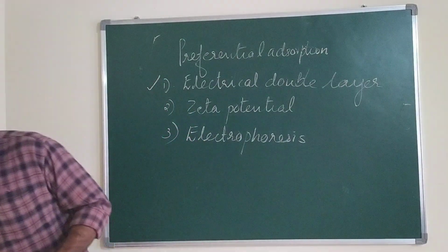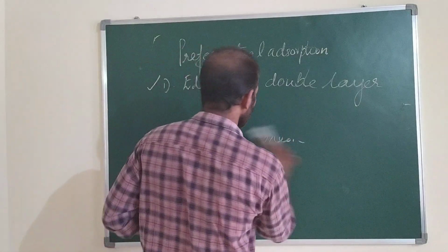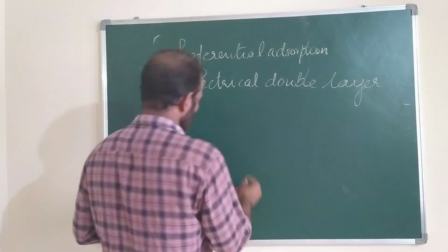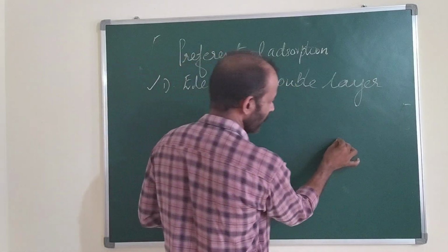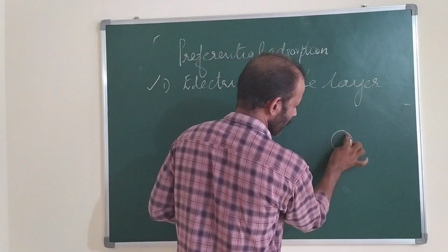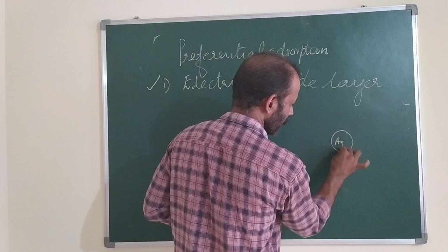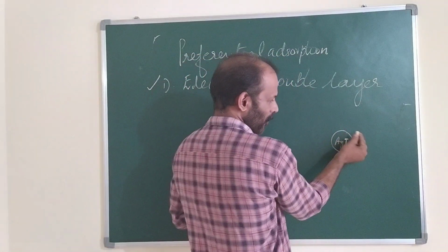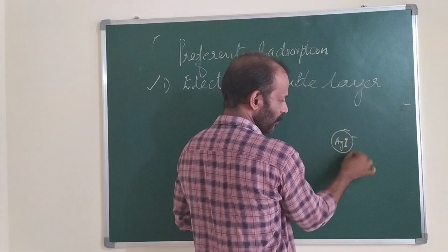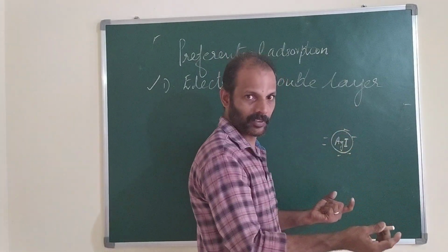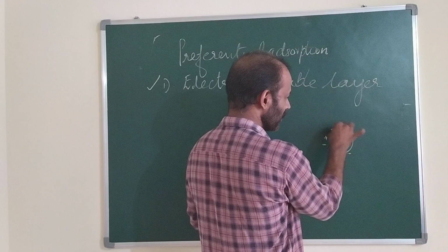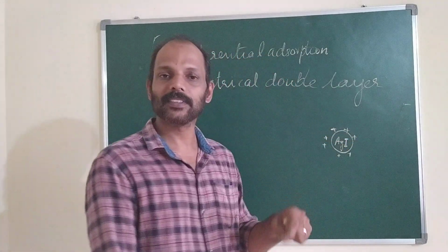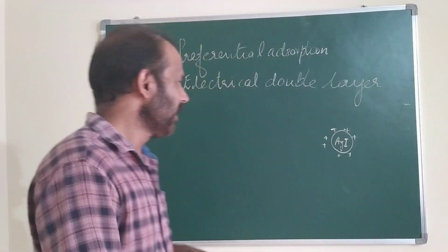How is an electrical double layer formed? We discussed earlier that suppose silver iodide forms a negative charge or a positive charge on the surface, whatever it may be. That depends upon the concentration of the ions present in the solution.